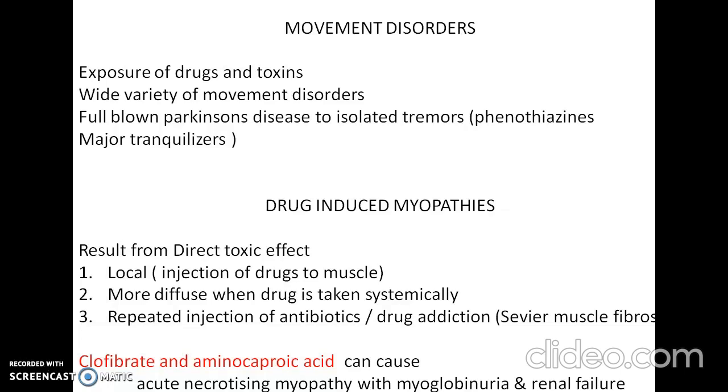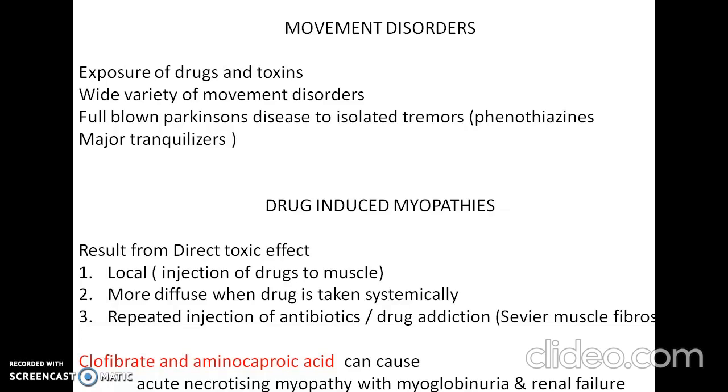The first is drug-induced myopathies. This results from direct toxic effect. It may be a local injection of the drug into a muscle, or more diffuse when the drug is taken systemically.